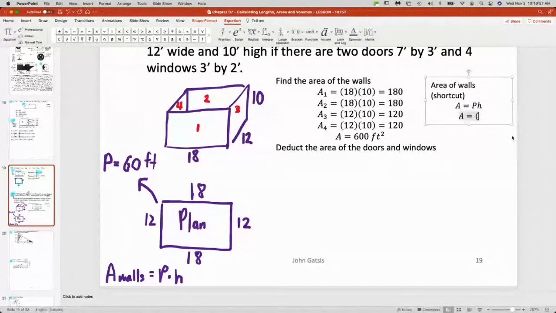The perimeter of the room is 60. The height is 10. 600.